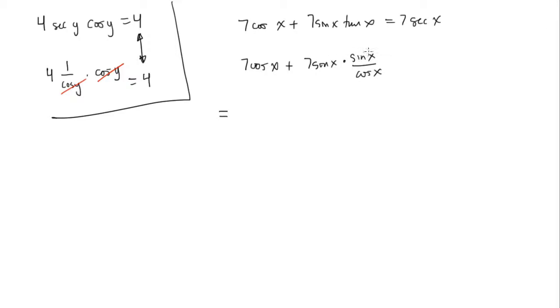Well, here I've got sine squared over cosine. At this point, I notice that this term is a fraction and this first term isn't. So if I want to put these two things together, maybe I could do it with a common denominator. In that case, the first one becomes cos squared over cos, and then the second one just stays the same.